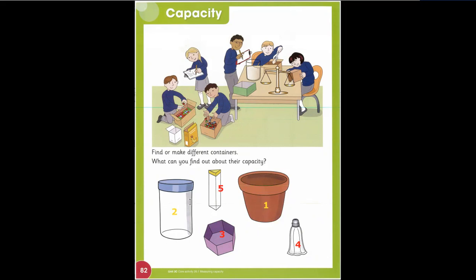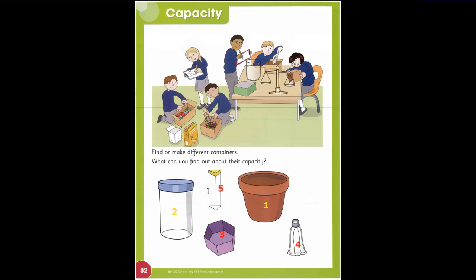This one has less capacity than this one. Number three is this one, and it holds less than these two. Number four holds less than one, two, and three. And number five holds the least.